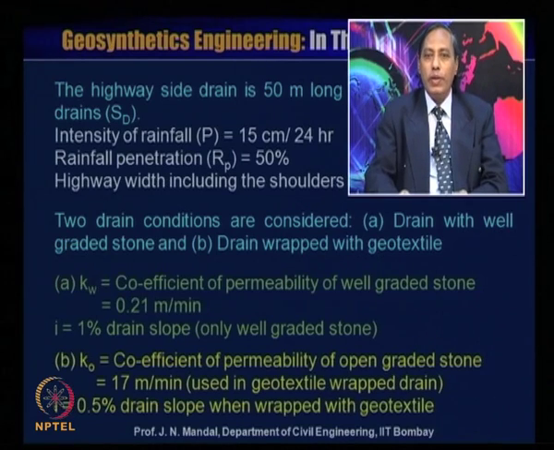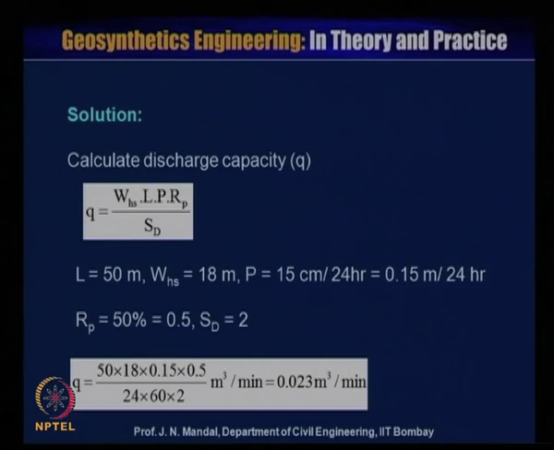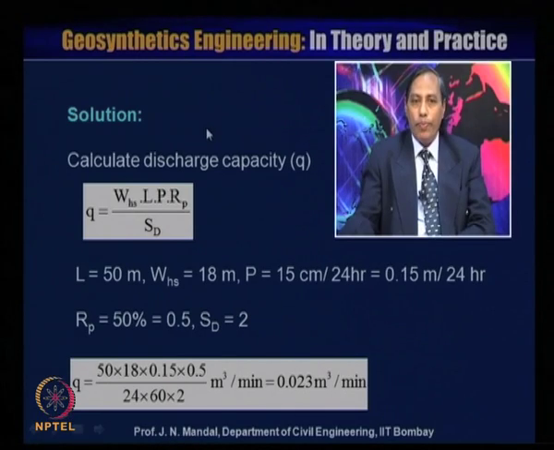And B, that means drain wrapped with geotextile, and in this case K0 is coefficient of permeability of open graded stone, equal to 17 meter per minute, used in the geotextile wrap drain, and I is equal to 0.5% drain slope when wrapped with geotextile. So, this is the problem, and now we will go for the solution.